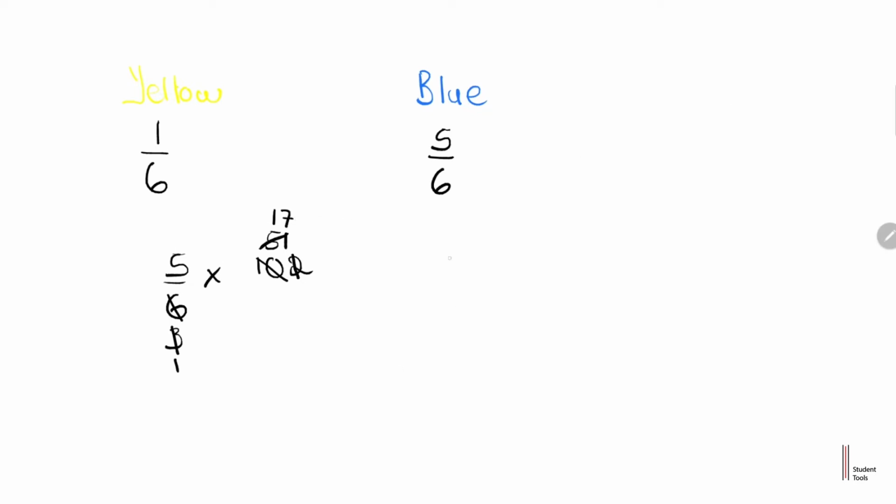So 17 multiplied by 5, that is 5 multiplied by 7, that is 35. So we will carry the 3, 5 multiplied by 1, that is 5 plus 3, so that is 85. So that means our final answer is equal to 85.